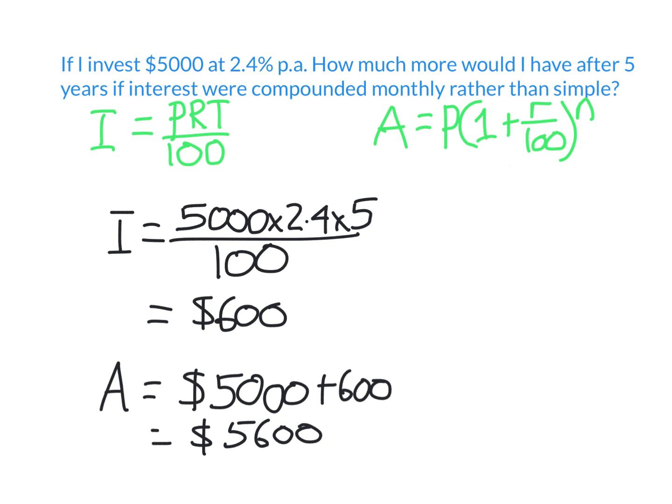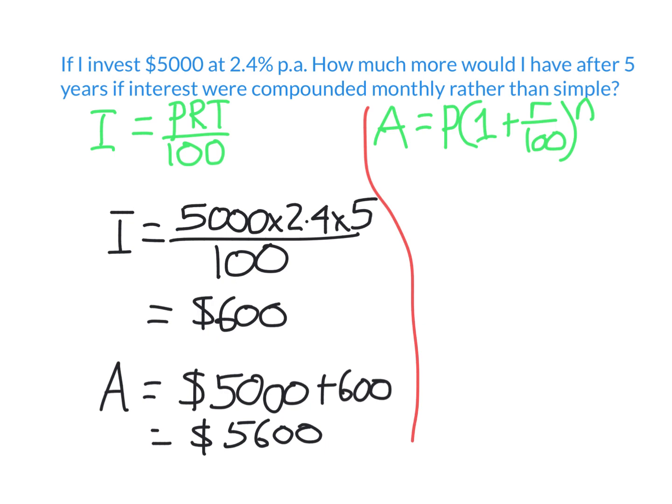So what about if interest were compounded monthly? So we're going to use this formula here. But just note, when you're using this formula, if the compounding frequency is not yearly, is not annually, you need to change R and N. So when I want to use this formula, P will be 5,000, that's the principal, but I have to change R because R is 2.4% per annum.